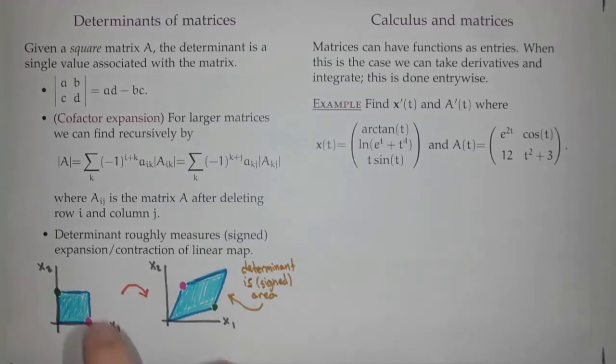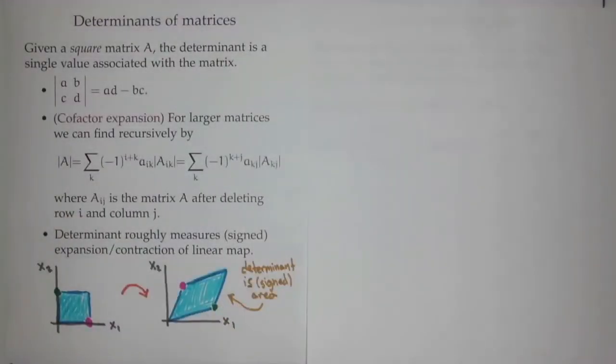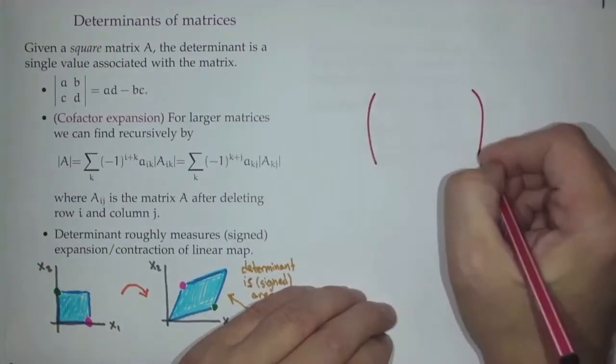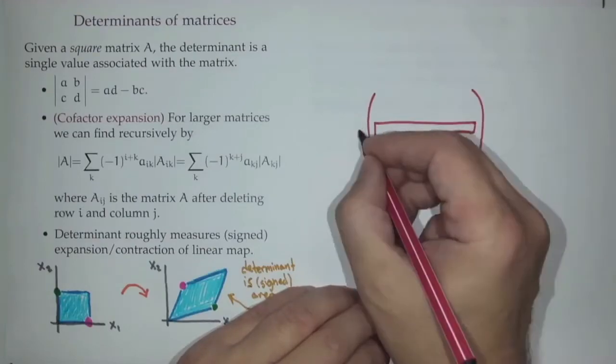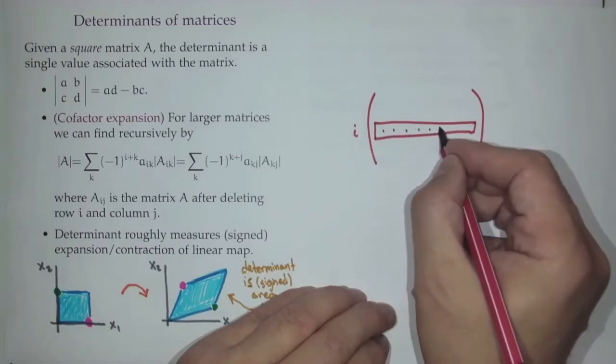If you're wondering what it means to do cofactor expansion, well, the idea says you pick your favorite row or your favorite column. It doesn't really matter which row or column. Let's say we go along the ith row, and we go entry by entry.